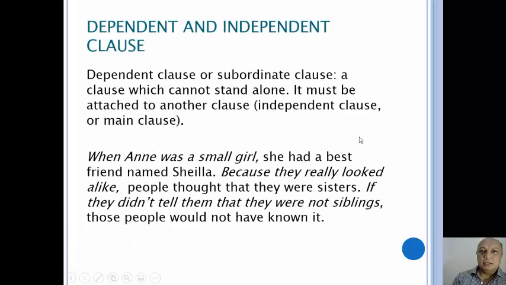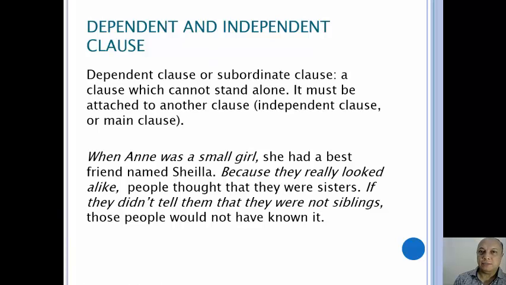Okay. Now a little about the two types of clause. We have dependent and independent clauses. A dependent clause, or we call it a subordinate clause, is a clause which cannot stand alone. It means you cannot just write a dependent clause and that's finished. It's hanging, unfinished.